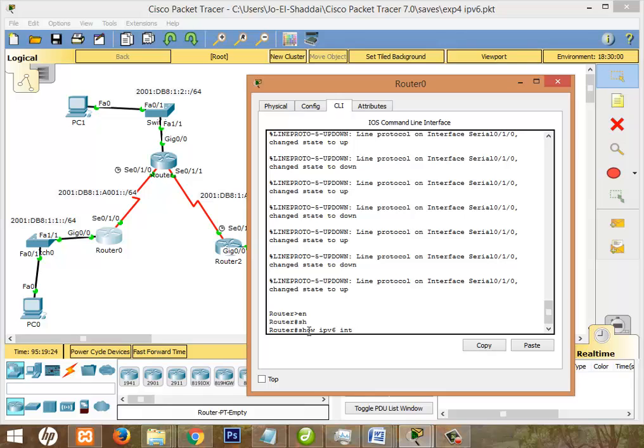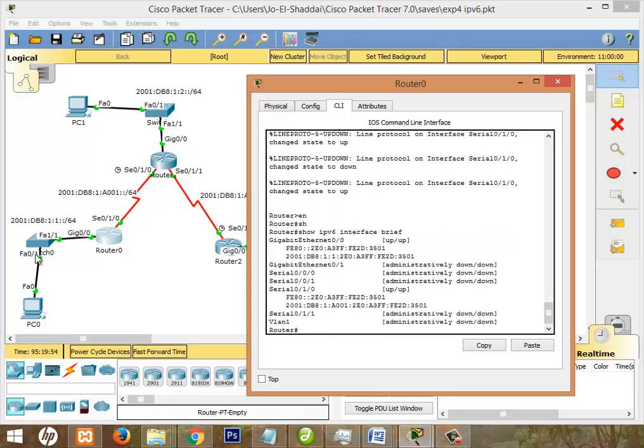This particular command is used for viewing the interfaces. A router has different interfaces. We can see here serial 1/0 is connected to the other router, and the other gigabit-marked interface is connected to this particular switch. So like that, our router has many different interfaces.